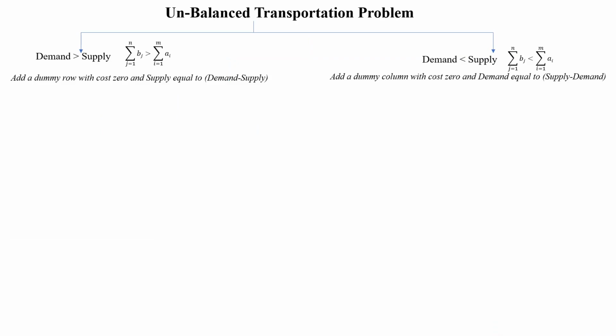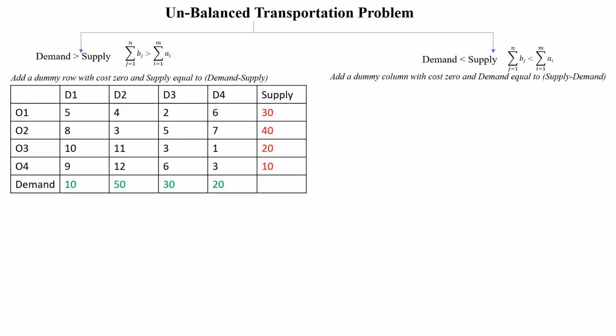We have to look at an example problem for the unbalanced transportation problem. First, we look at demand greater than supply. In the given problem, total demand equals 10 plus 50 plus 30 plus 20, which is 110, and total supply equals 30 plus 40 plus 20 plus 10, which is 100.